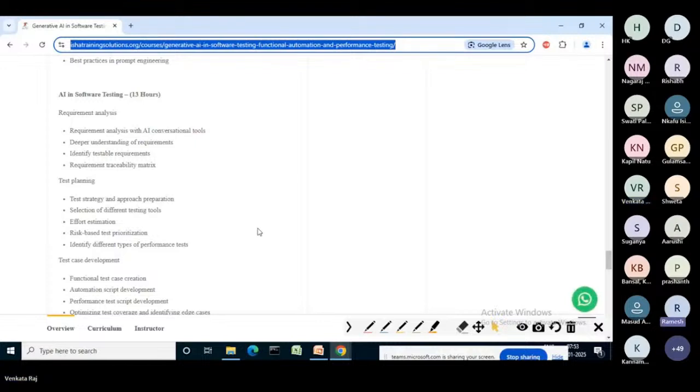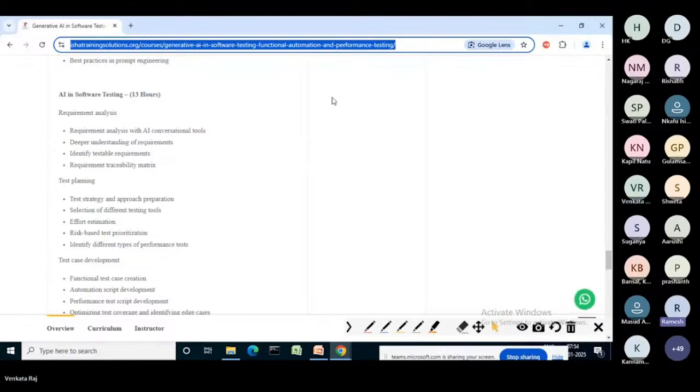Okay, for performance and for automation, what are the tools you have expertise in? We are not going to focus on any particular tool. I will be showing you for automation and for performance how you can do it for different tools. The focus will not be on any particular tool.